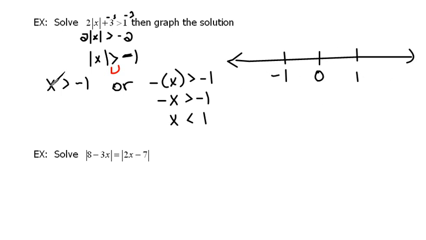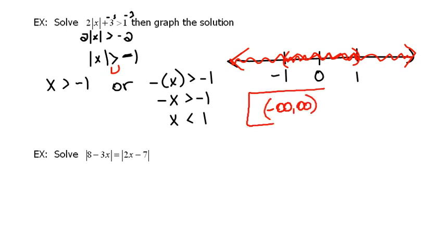So our x greater than negative 1 would start here at negative 1 and continue to the right for greater than. Our x less than 1 would start here at 1 and continue to the left. When we join these things together, we're talking about the entire number line. So our solution here is all real numbers, or negative infinity to positive infinity.